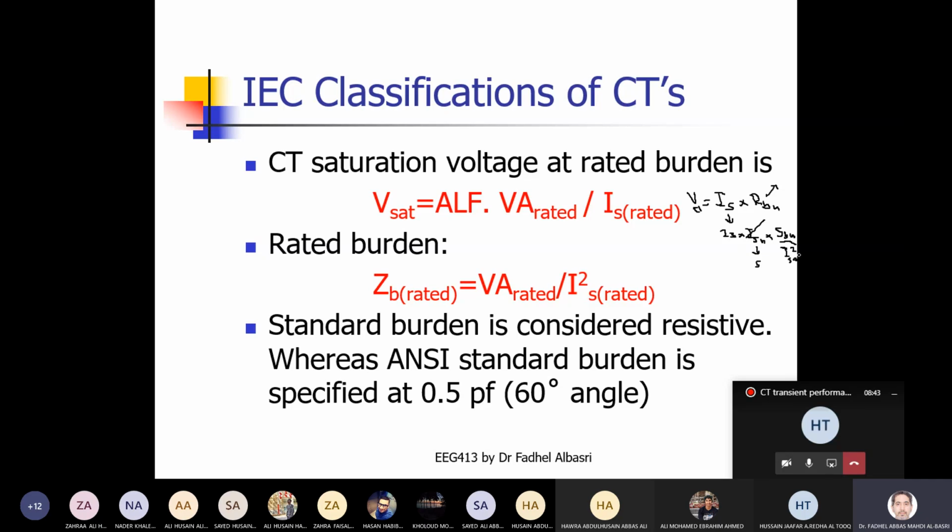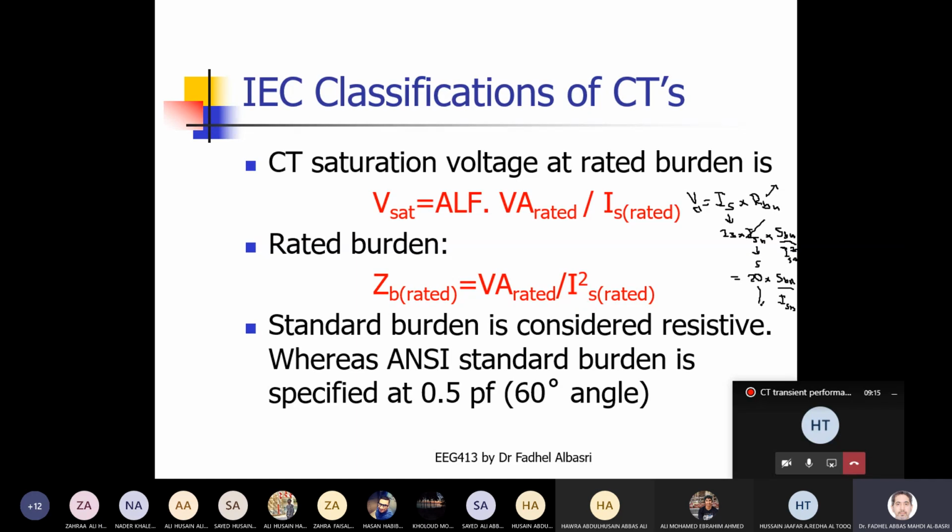Now if you take this with this squared, I get 20 times the S burden nominal divided by the I secondary, which is 5 ampere in IEEE.